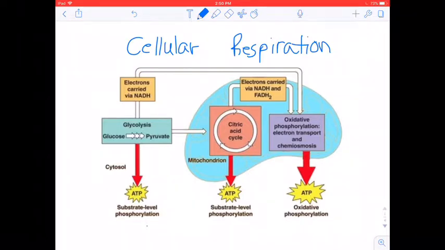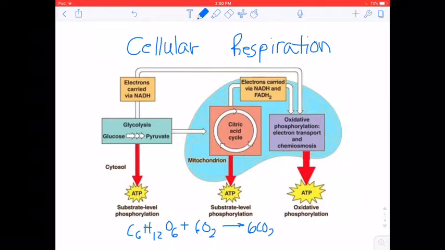The equation for cellular aerobic respiration is C6H12O6 plus 6O2 yields 6CO2 plus 6H2O plus energy.